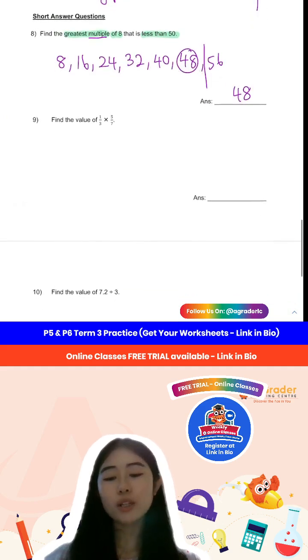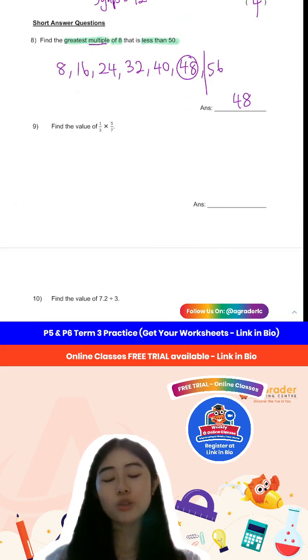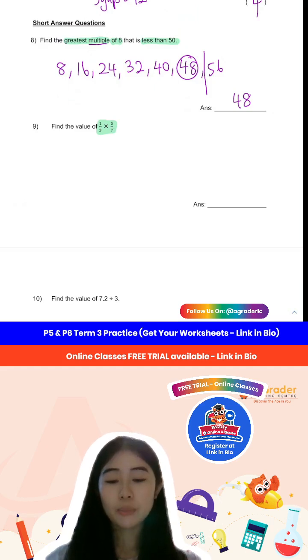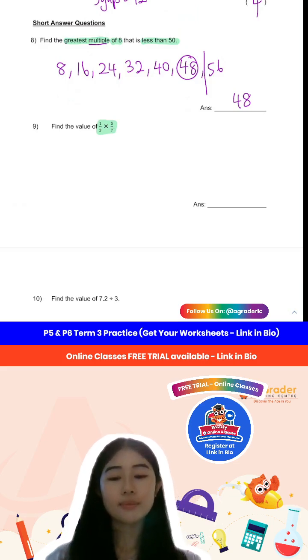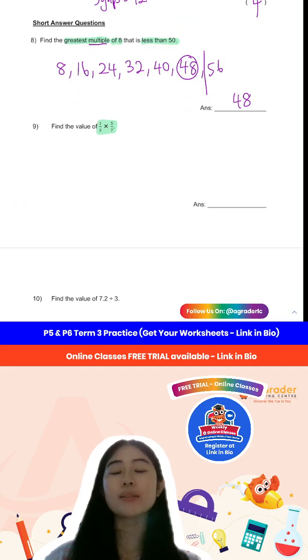For the next one, you have a multiplication of fractions question. You can try this. What is 1/3 times 5/7? Just one step. Let me know your answer.